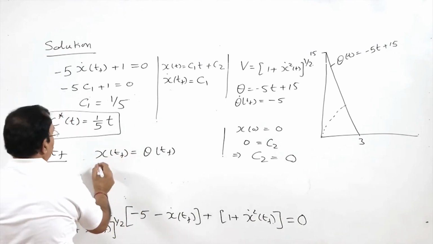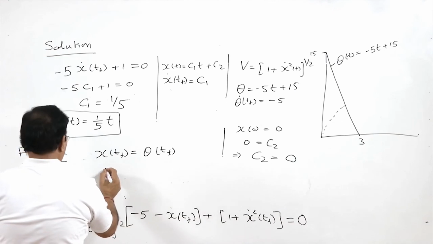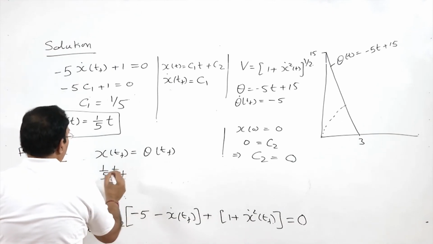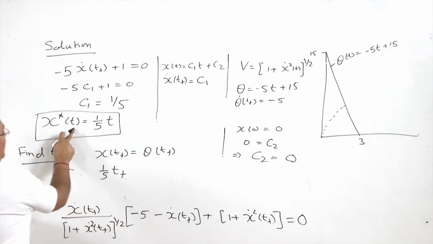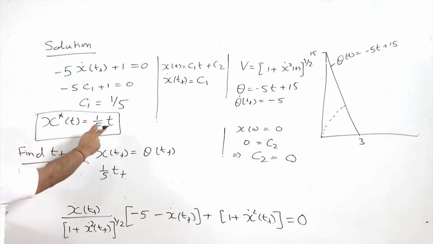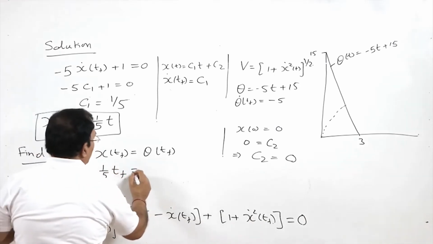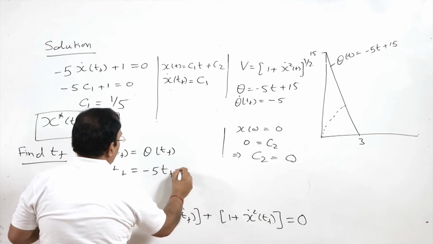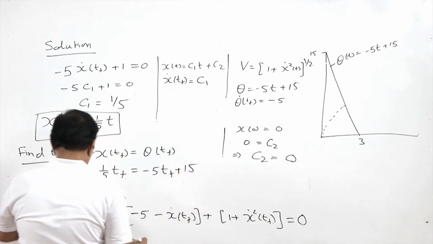X tf is 1 by 5 tf, because x star t is 1 by 5 t, and theta is minus 5 tf plus 15.